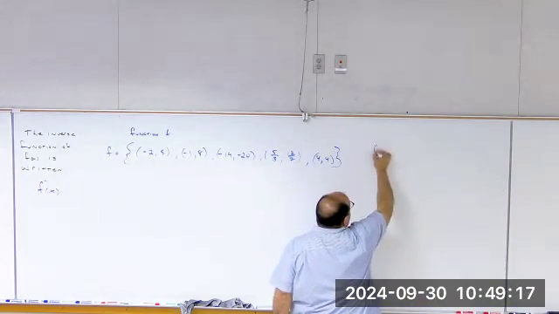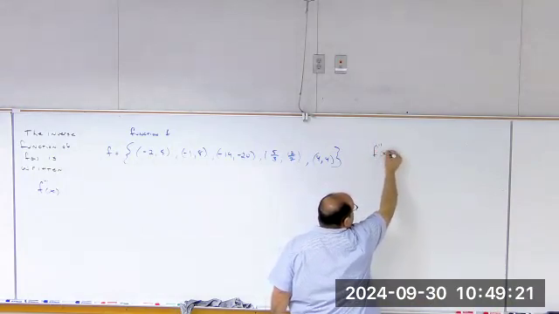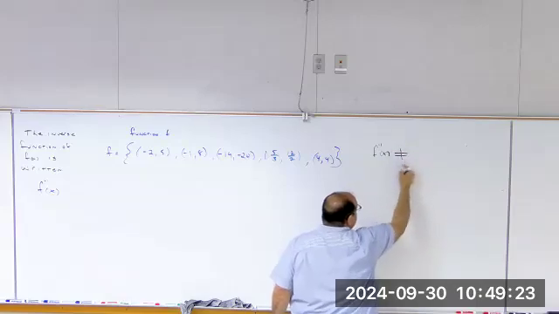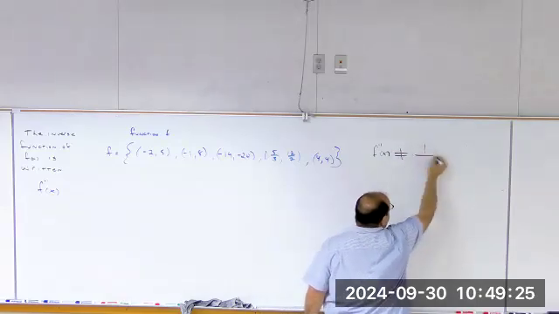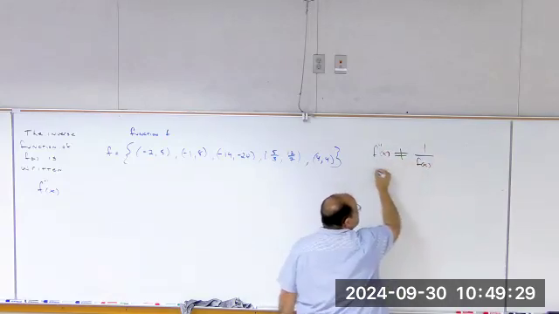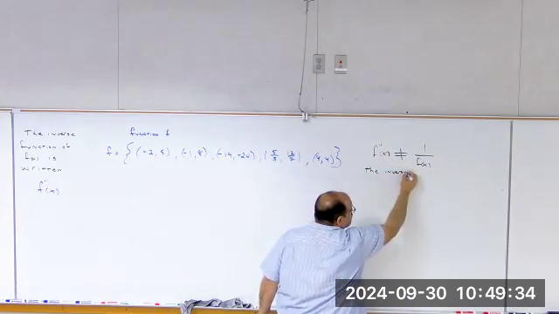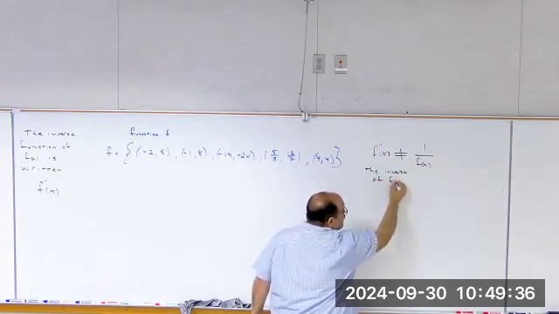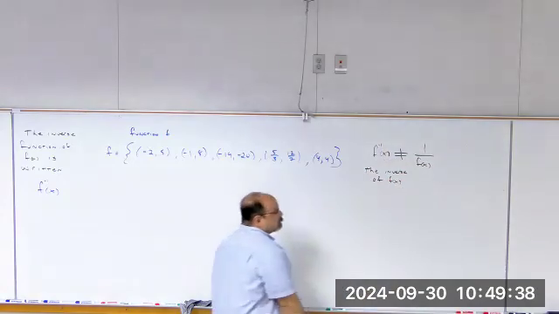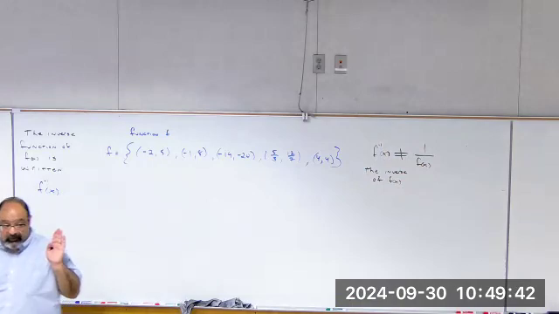This f inverse of x does not mean do not flip it, because that's not an exponent. This means the inverse of function f of x. That's all. It has a completely special designation.